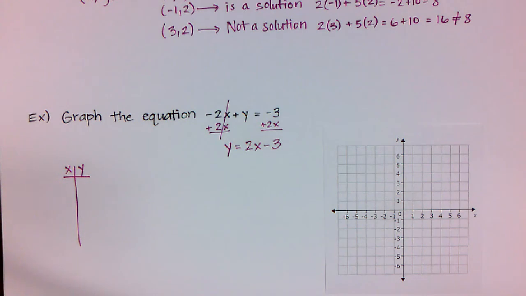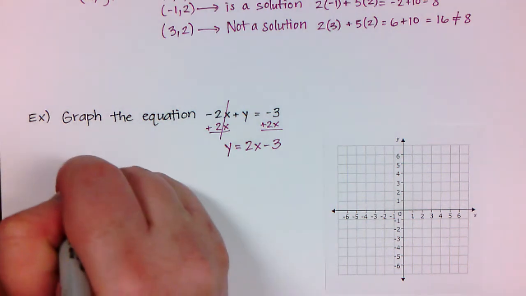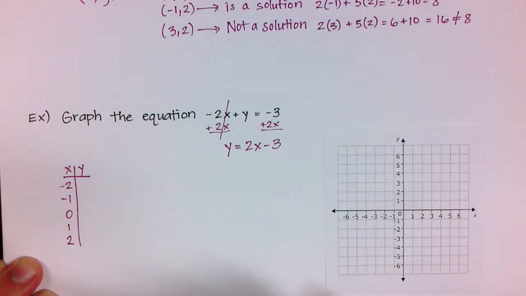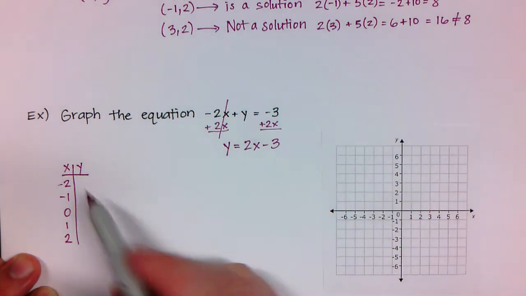And you get to pick any numbers that you want if it doesn't specify. And it doesn't. So I'm going to just pick some of the most basic numbers. I always want you in the beginning to start by picking 5 numbers. So I'm going to pick -2, -1, 0, 1, and 2 for my x values. That's going to be my input. And let's plug them in.